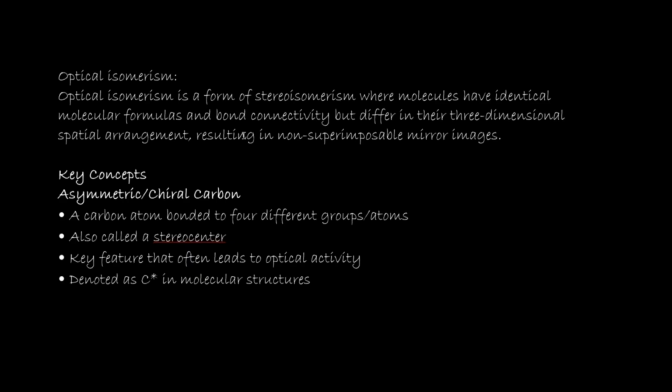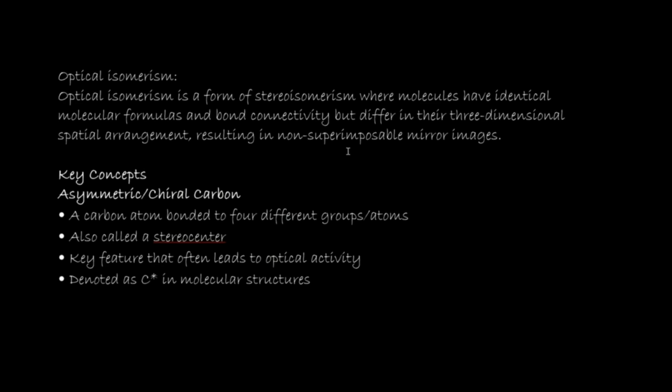Most importantly, it results in non-superimposable mirror images. If you match those mirror images, they will not match. That is what a non-superimposable mirror image is. The compounds which exhibit this property are called optical isomers.